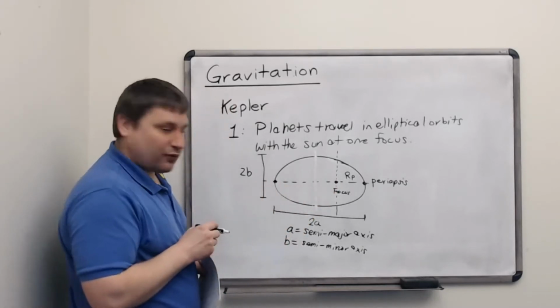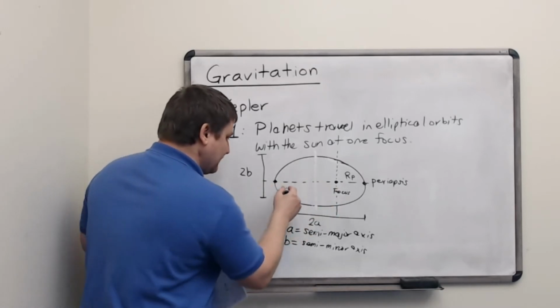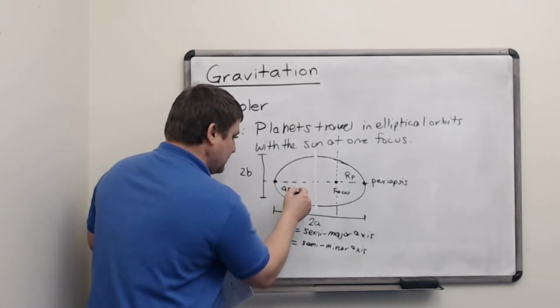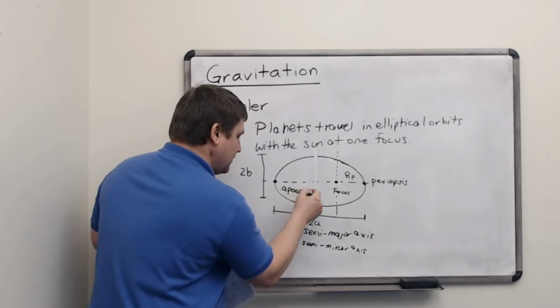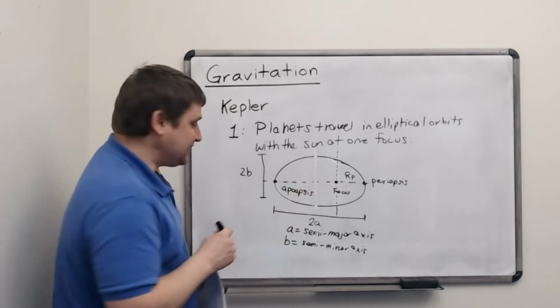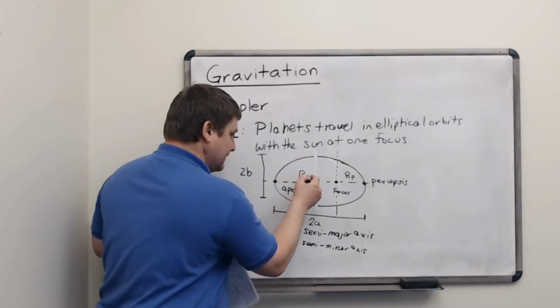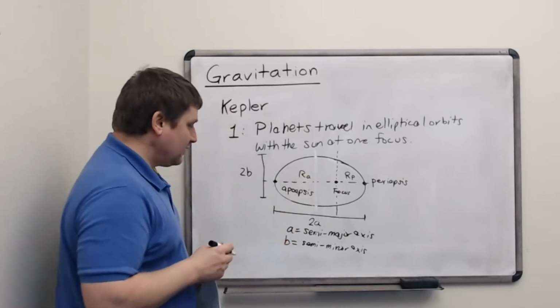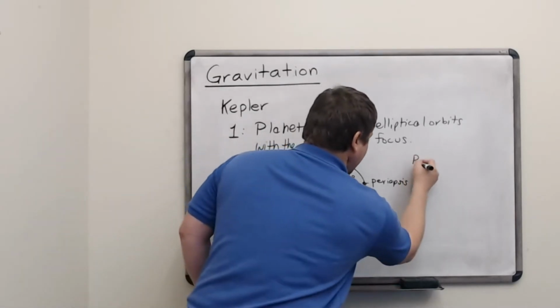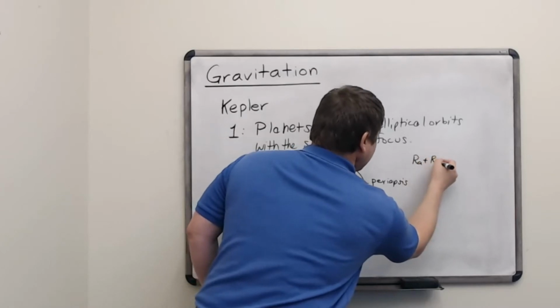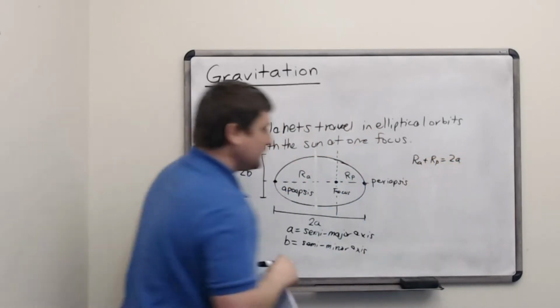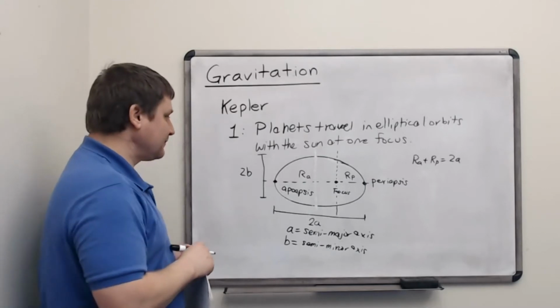On the other side is a point which is the maximum distance from the focus. And this is called apoapsis. And we'll label that distance as r sub a. So from this we can see that r_a plus r_p equals 2a, the semi-major axis.